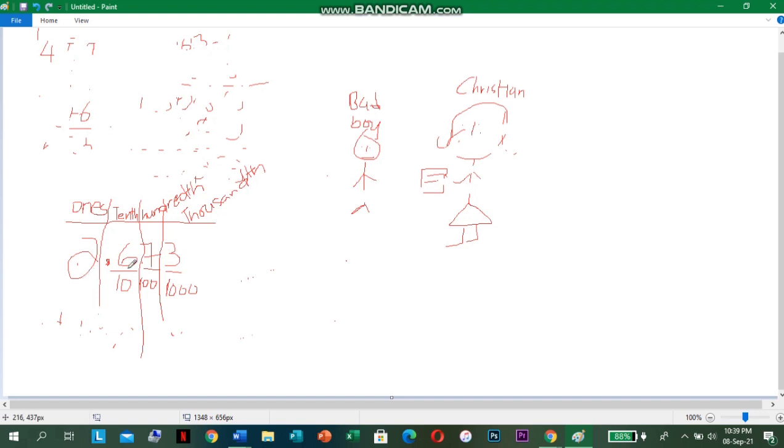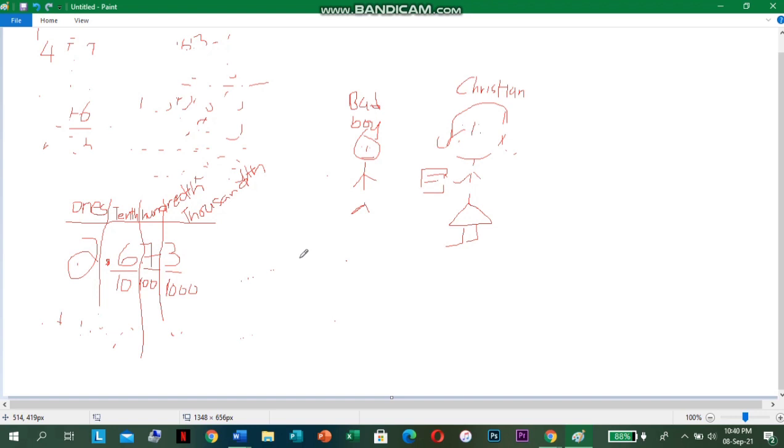Any numerals that come after the decimal point are fractions. So we read it as 6/10th, 7/100th, 3/1000th. And they are fractional numbers.